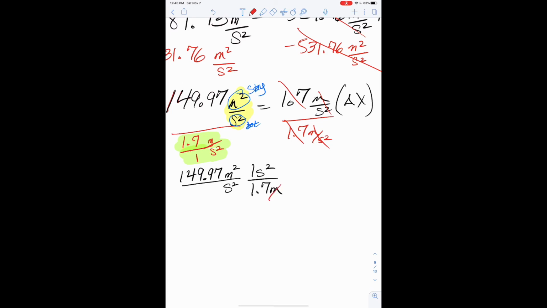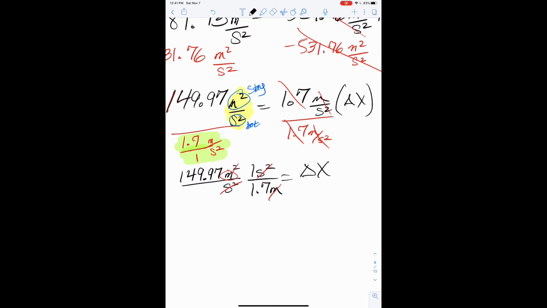Okay, so now we can start to see that a meter on bottom is going to cancel the square on top. The second squared on bottom is going to cancel the second squared on top. And we're going to be left with units of just meters. Is that what we want? Well, we're trying to solve for delta x, or displacement. So yeah, works perfect. All right, don't forget to divide by the 1.7.